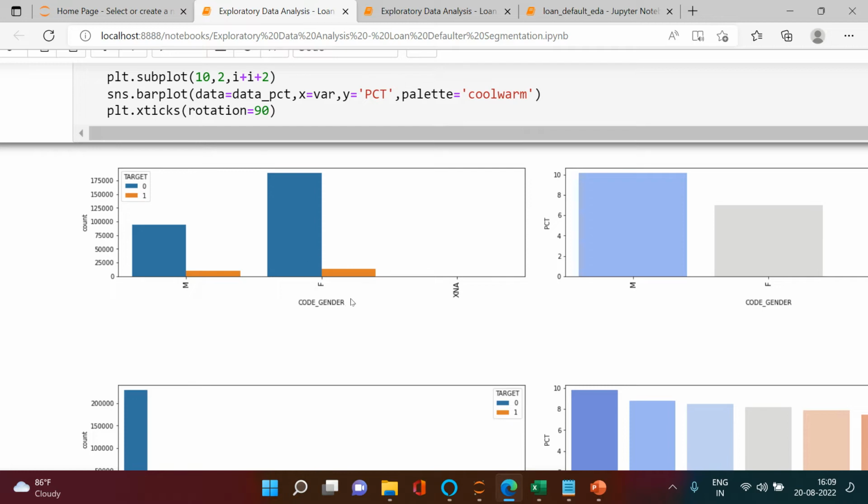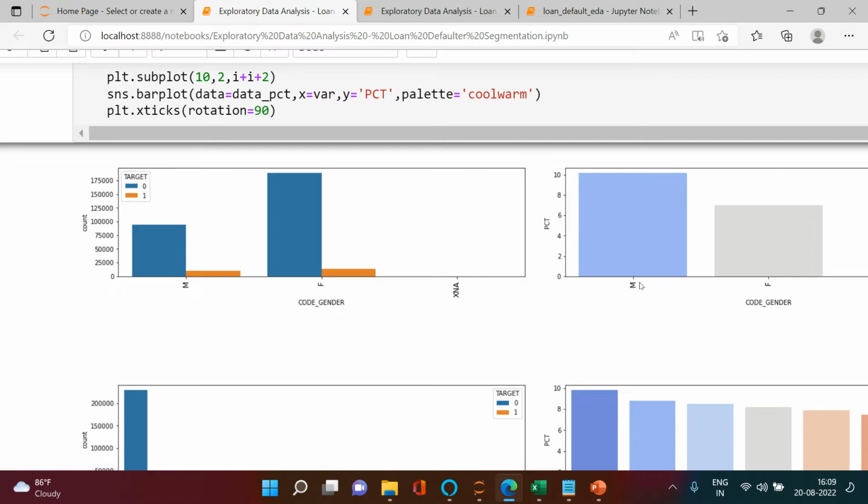Now over here, this is code gender, specifically saying which gender. If you see, mostly females have taken loans, and they are less likely to default. So what we can say is females are safer persons to target for giving loans, right?